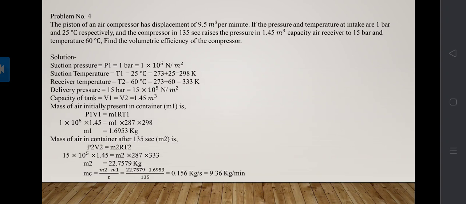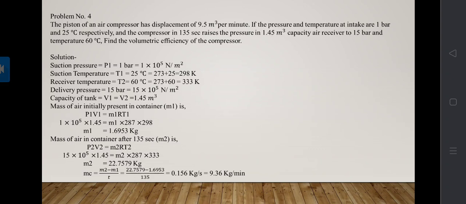Here in the solution, first we note the given data, that is suction pressure P1 is equal to 1 bar. All pressures are converted in Newton per meter square by multiplying by 10 raised to 5, that is P1 and P2 are converted in Newton per meter square. Then suction temperature T1 is 25 degrees and receiver temperature T2 is equal to 60 degrees.